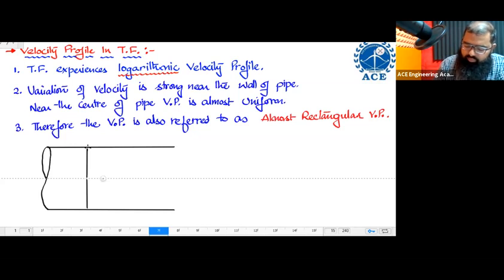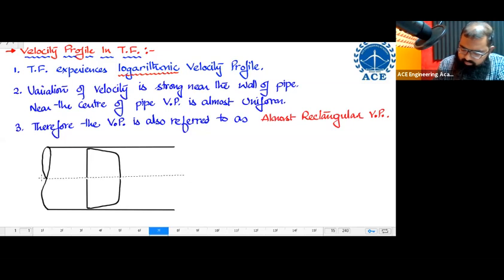The velocity profile is supposed to be varying very strongly and then almost uniform. So this is how the velocity profile is going to be in the case of turbulent flow.